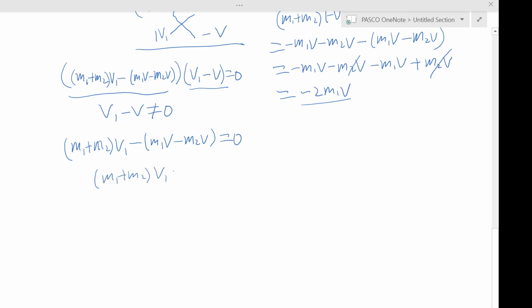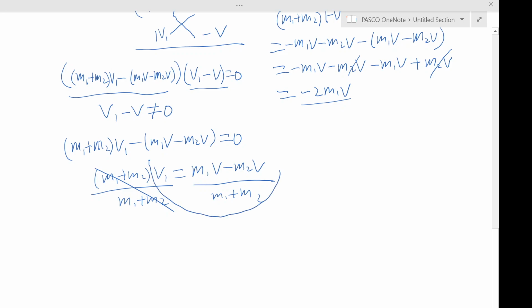So v1 equals, you add the entire bracket to the other side, m1v minus m2v, and you divide by m1 plus m2 on both sides. Finally, this is how we represent v1 with v.